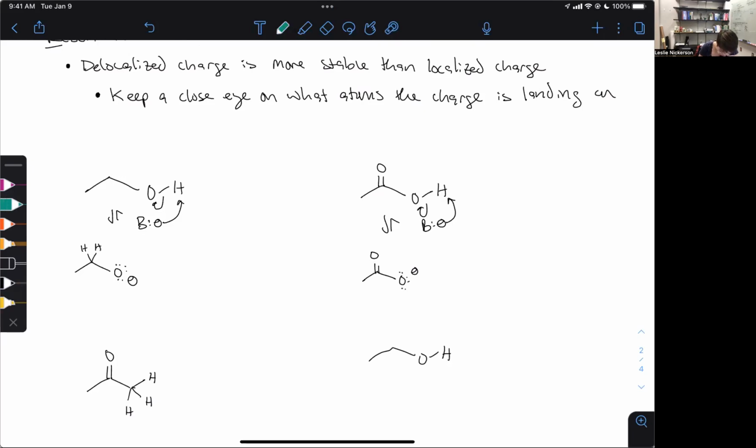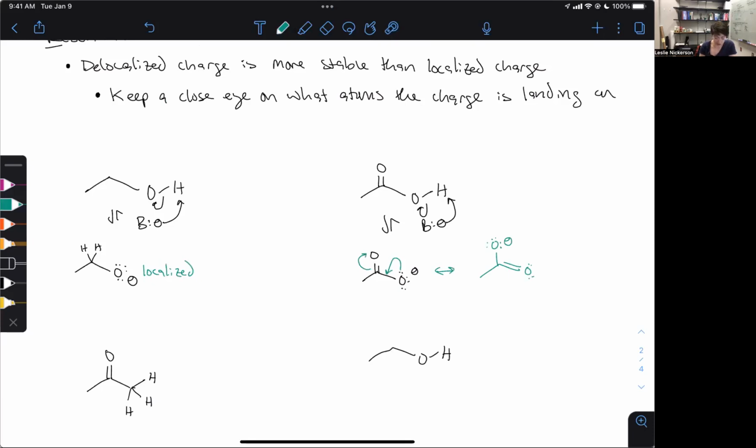That is localized. That charge cannot move anywhere. It is stuck on the oxygen. But if I look at the structure on my right, that's the conjugate base of acetic acid. I do have that pi bond nearby, so I can do my lone pair next to pi bond pattern. Push the electrons up, making sure that you do the right arrow here. We're not doing equilibrium arrows, we're doing a resonance arrow.